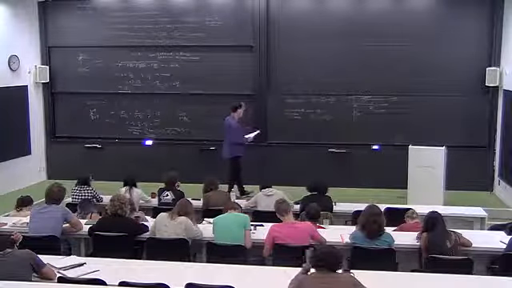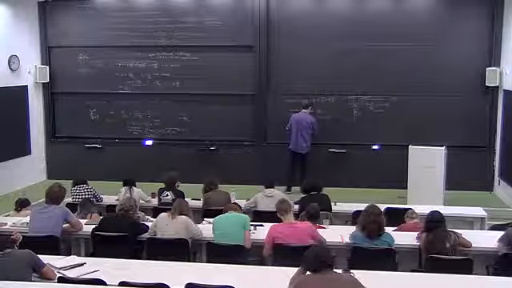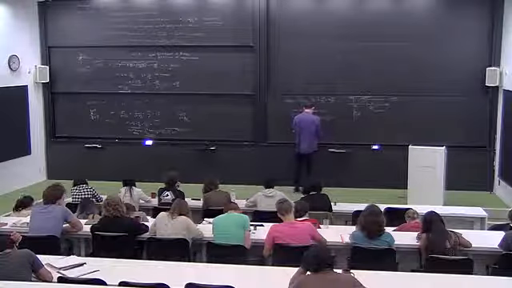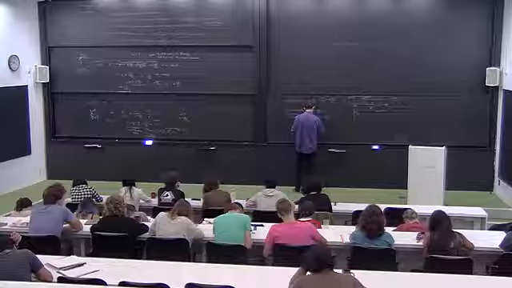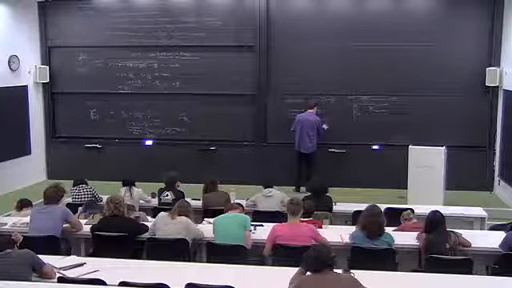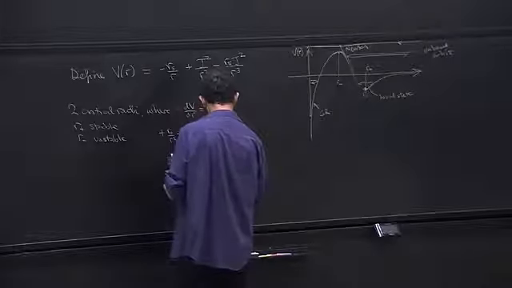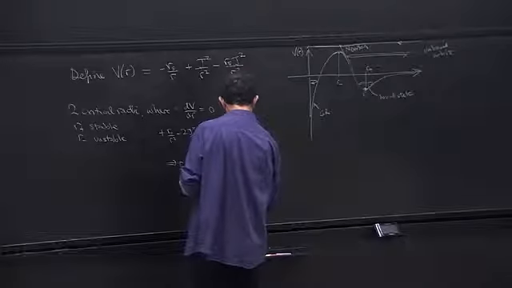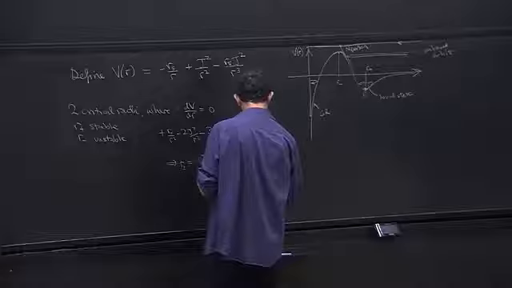So that is a quadratic equation for R. And we see there are two roots, R plus and R minus, which are j squared over R_s plus or minus the square root of j squared over R_s squared minus 3j squared.